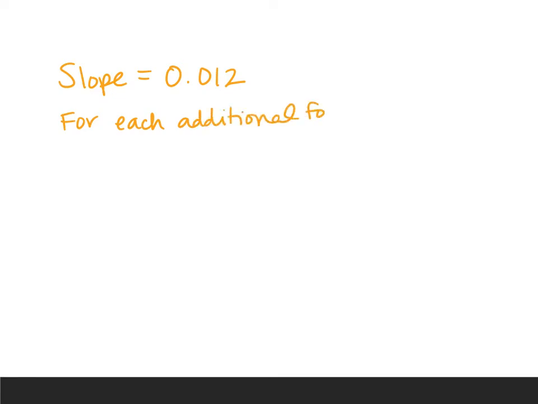All right, so once again, our slope was 0.012. We were rounding to 3 decimal places. We could have taken it out further, but I think this is fine. And what that means is that for each additional foot of depth we start drilling, so remember we were talking about based on how far down we are when we start, how long will it take to drill 5 feet.